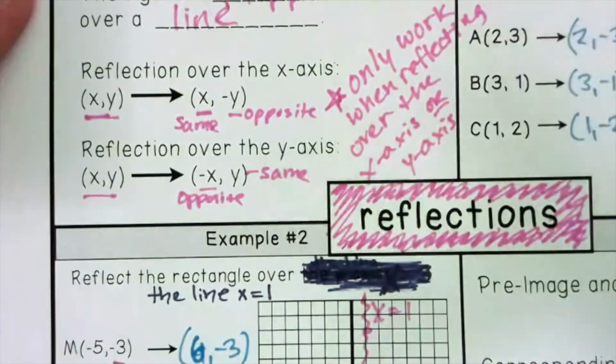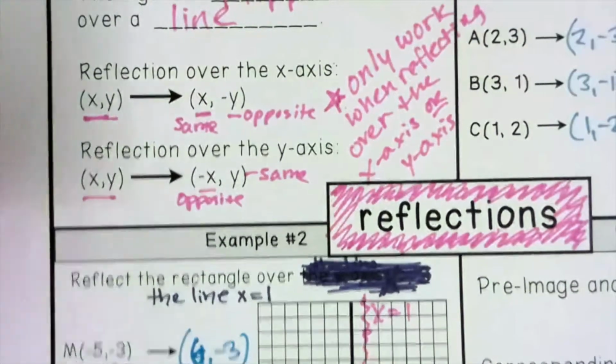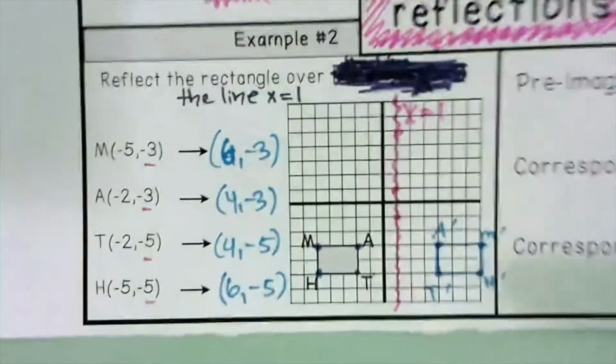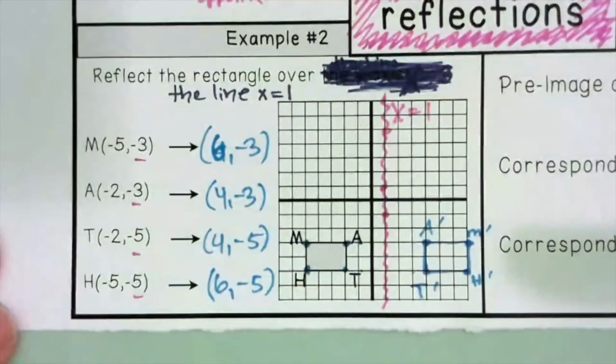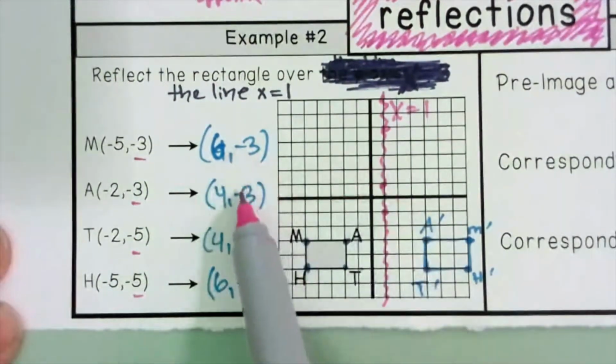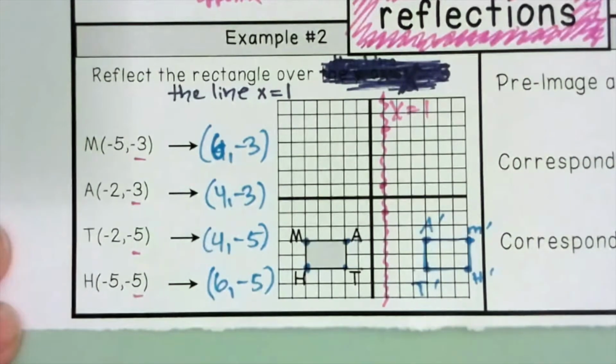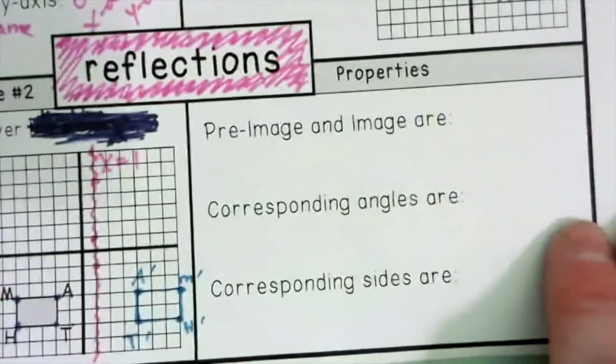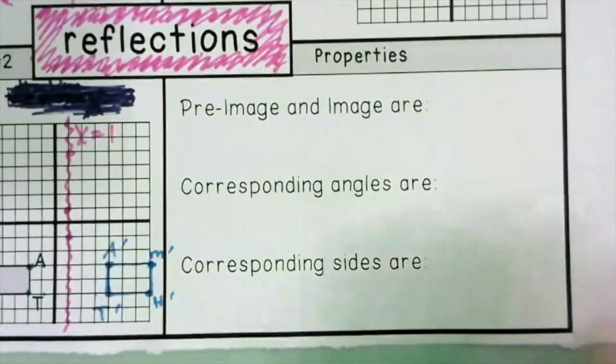I don't want you relying on the formula that's not going to work every time. So we notice my y coordinates are the same, just like if we were reflecting over the y-axis, but my x coordinates are a lot different. So just be careful. Always trust the pictures.